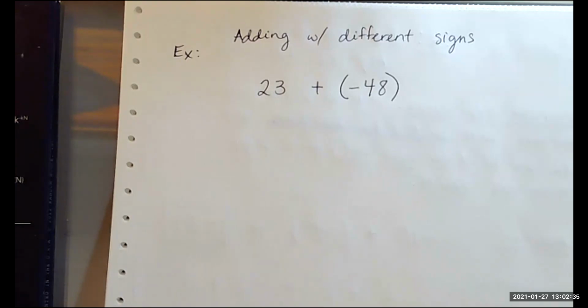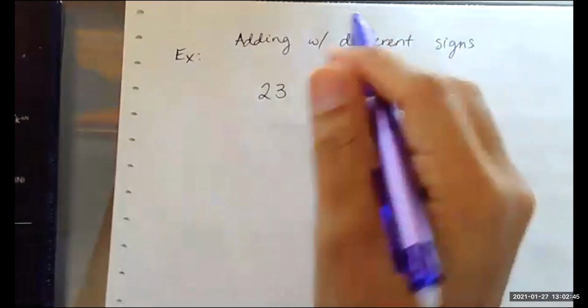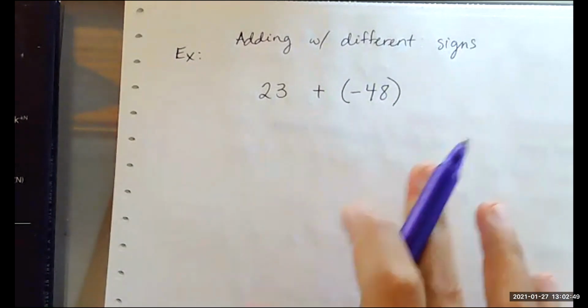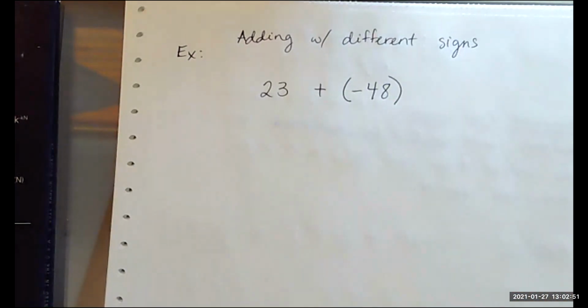What's the sign of the result here without doing the math? In this case, you look at the numbers regardless of the sign, and ask which one is bigger. The 48 appears bigger.